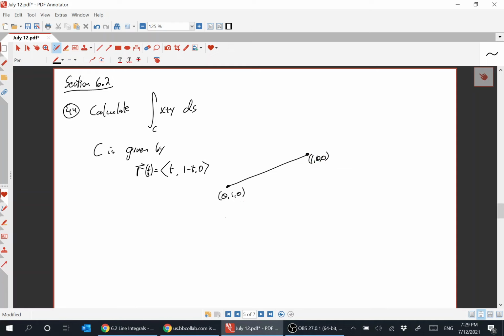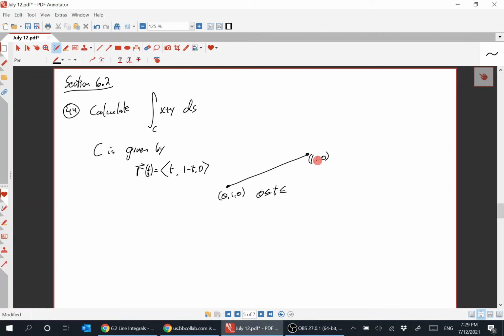So when you're talking about the scalar line integral, the direction of travel is not relevant. All right, so if you want to start here and end here, or start here and end here, it doesn't matter. The direction is irrelevant with the scalar line integral. So here, if we start at t equal to 0, then we'll be at this point, because this will be 0, 1, 0.